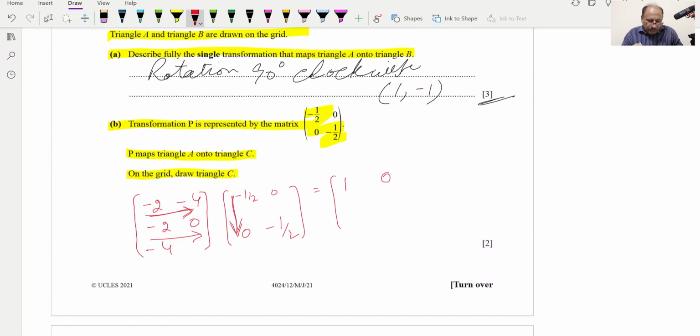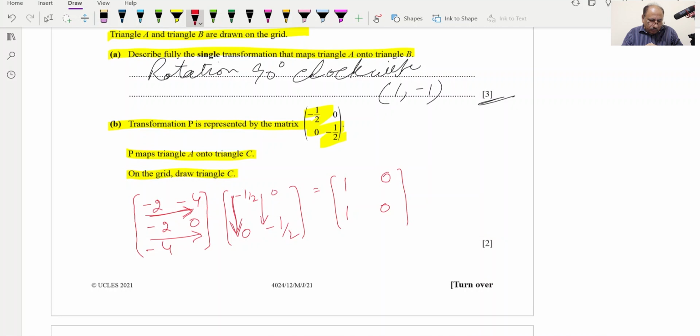So it will be -2 multiplied by -1 by 2, it will be 1, and 0 multiplied by 0, so nothing added in this. And when we multiply the second row with the second column, it will give us -2 multiplied by 0, which is 0, and 0 multiplied by -2 will be 0, so we'll get 0 over here.